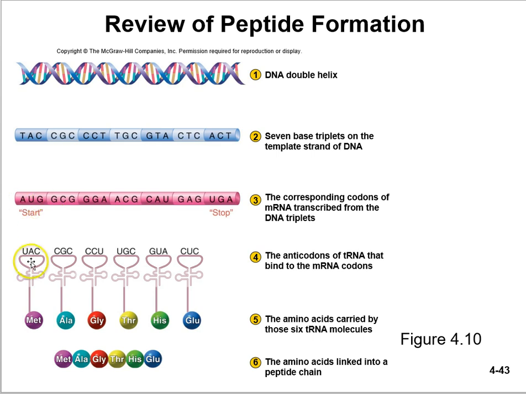UAC matches with AUG. It's carrying its amino acid methionine. The ribosome will create that polypeptide bond to bond the next amino acid to it, alanine. There's our codon CGC on the tRNA will match up with GCG.